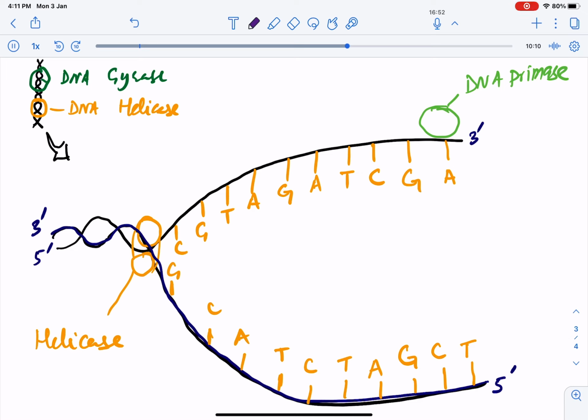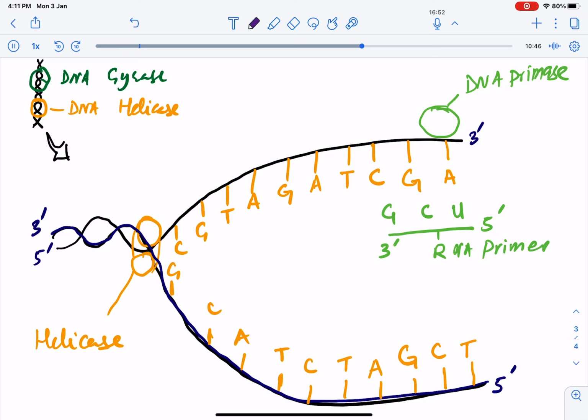DNA primase attaches a short sequence of nucleotides, which is complementary to, obviously, this strand, and this is known as an RNA primer. So this RNA primer will have 5' end on this side and 3' end on this side.